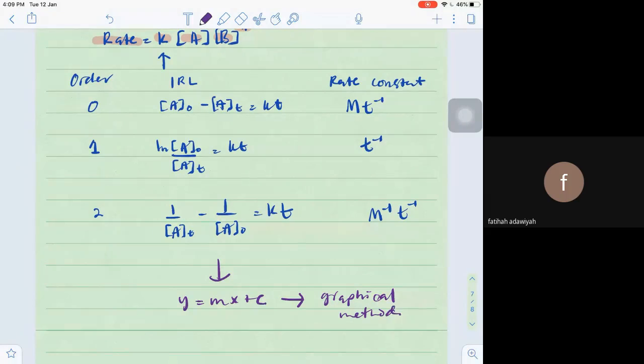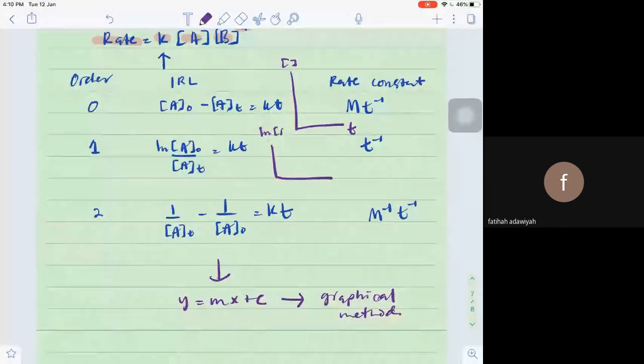From this graphical method, we know that for the zero order reaction, if we want to get a linear graph, we have to plot the graph of concentration versus time. Then we'll get a linear graph. As for the first order reaction, we have to plot a graph of ln concentration versus time.